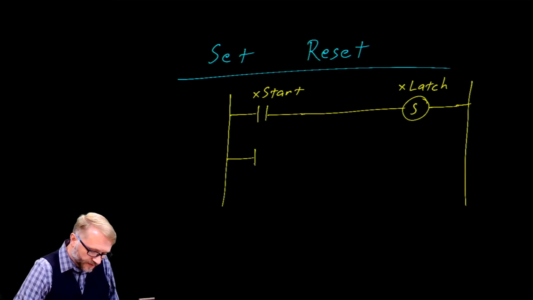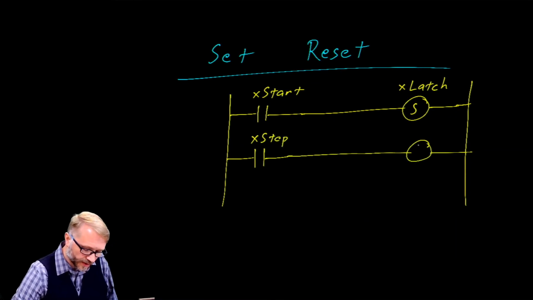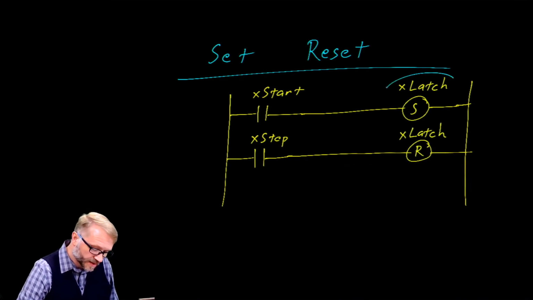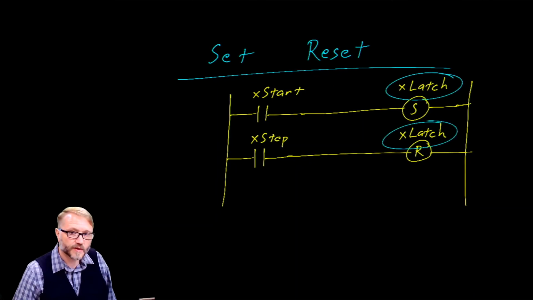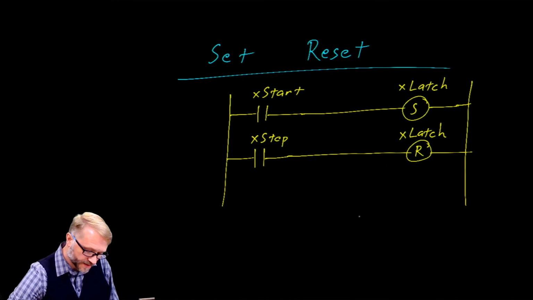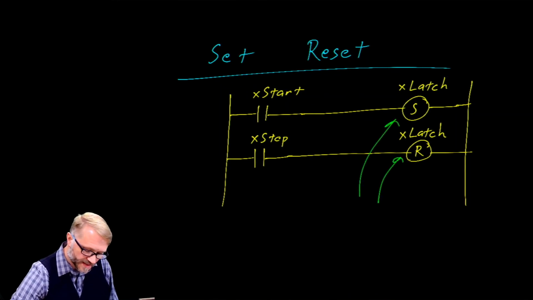Then suppose we have our other push button, we'll call it stop, and you ran that to the counterpart of a set coil known as the reset coil. You'll notice this is something new because both refer to the same memory location. You'll also notice that both the set and reset are active high.